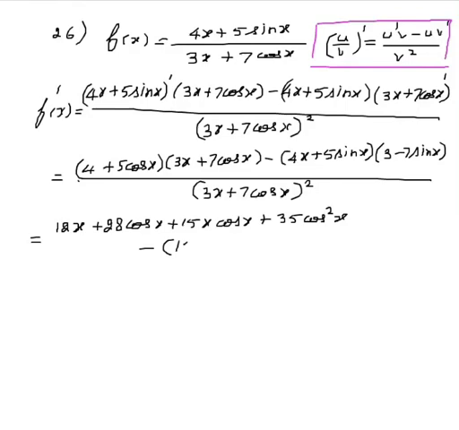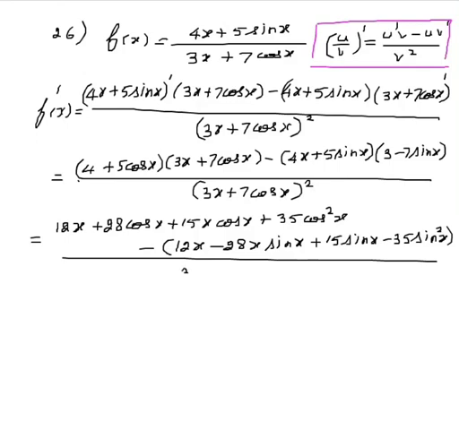Minus sign has to be distributed. 12x minus 28x sin x plus 15 sin x and minus 35 sin square x, divided by 3x plus 7 cos x the whole square.